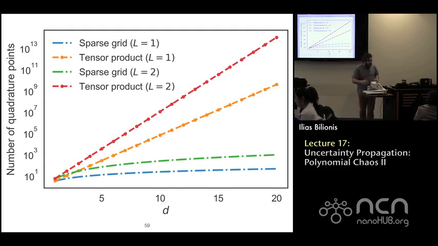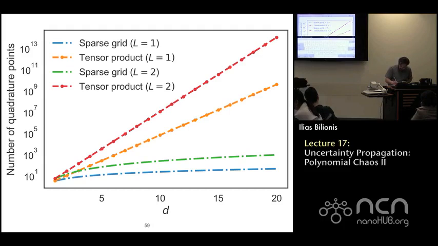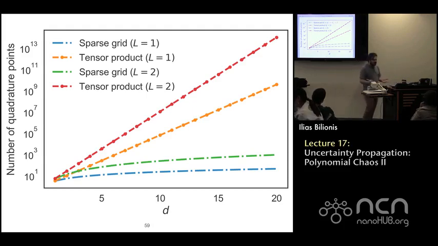I don't remember exactly, but what I do remember is that L specifies the number of nodes in the one-dimensional rule, and that number is proportional to L, which could just be L, but I'm not sure if there is a constant there.